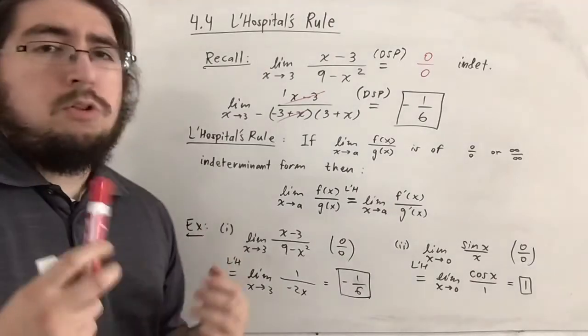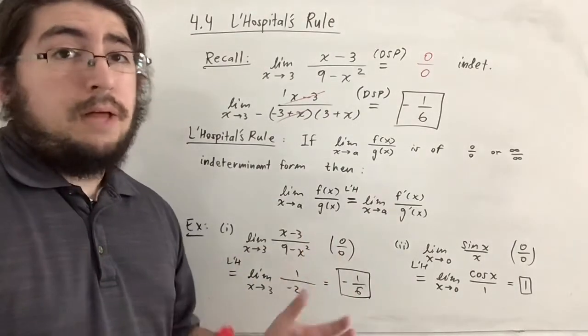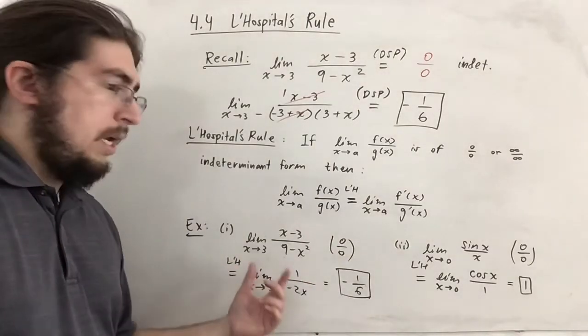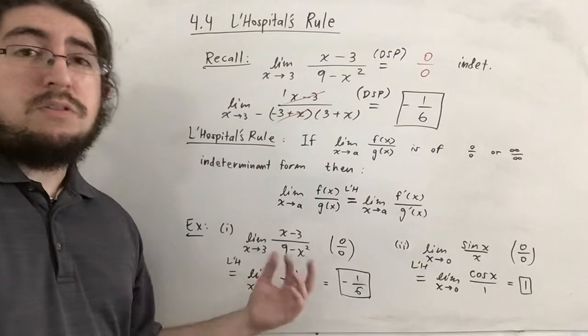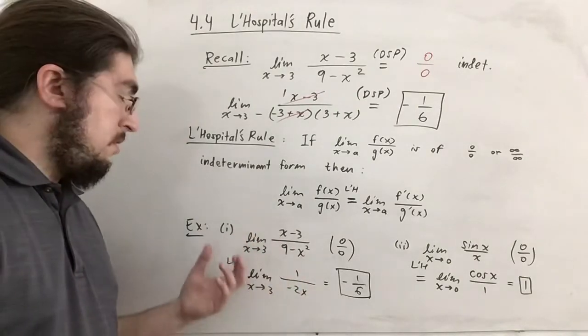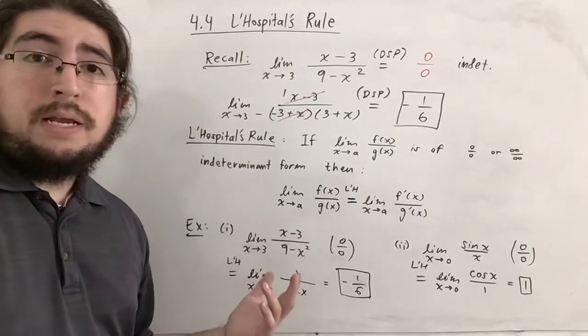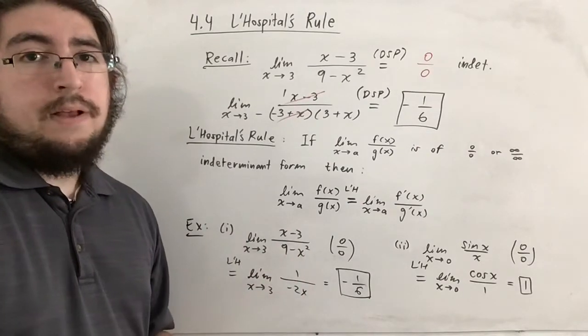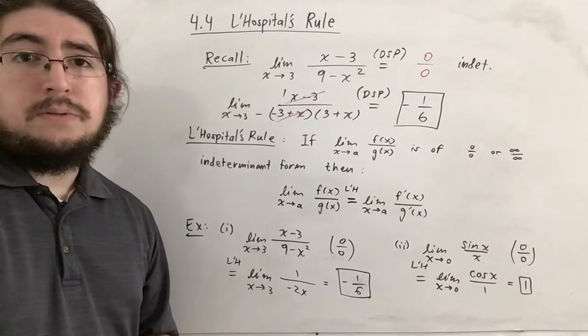And also L'Hopital's rule can possibly be applied more than once, as we'll see shortly. Because notice here, we got lucky that direct substitution worked after the first go, but for all we know, after using L'Hopital's rule once, we may still be in an indeterminate form, in which case we would just apply L'Hopital's rule once again. Okay, so now let's look at those examples right now.